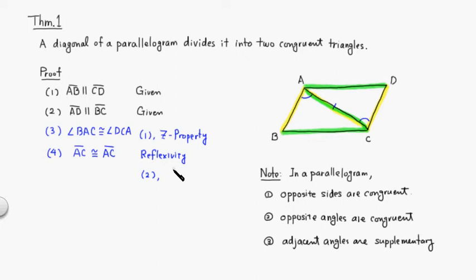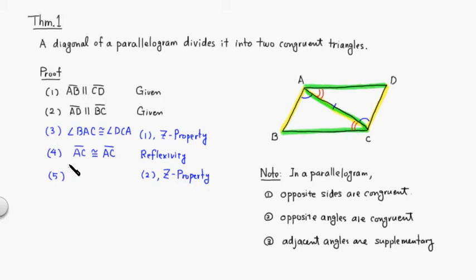Z property to say line 5, we know that the angle, maybe I use a different color, angle here is congruent to angle there, right?